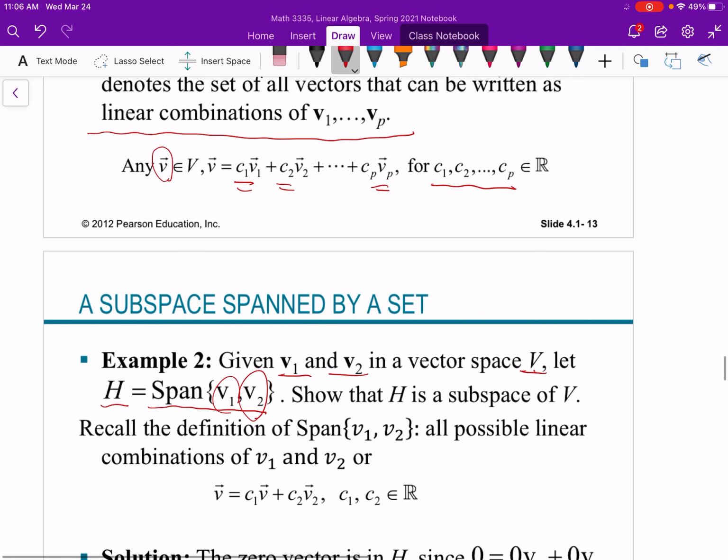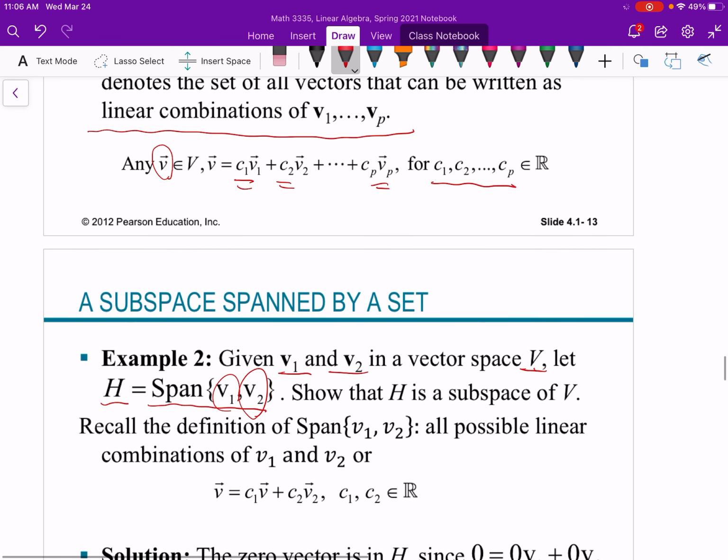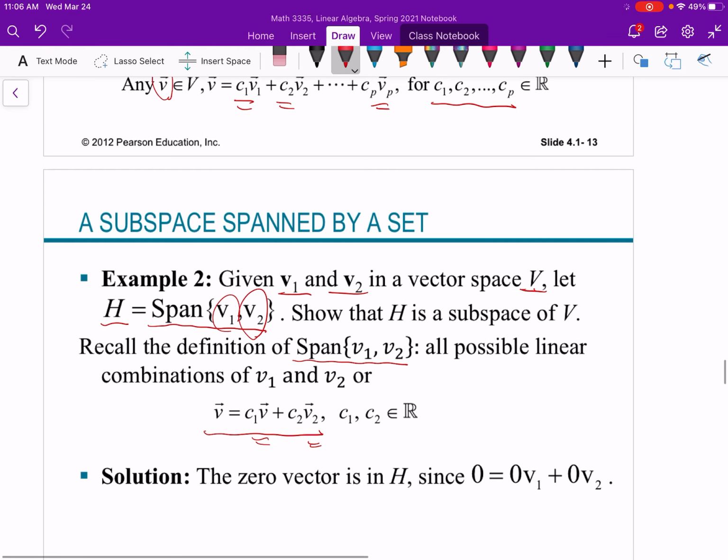We want to check three things. First, check whether 0 belongs there or not. If you simply pick c1 equal to 0 and c2 equal to 0, then you get 0. Therefore, 0 is an element of H.